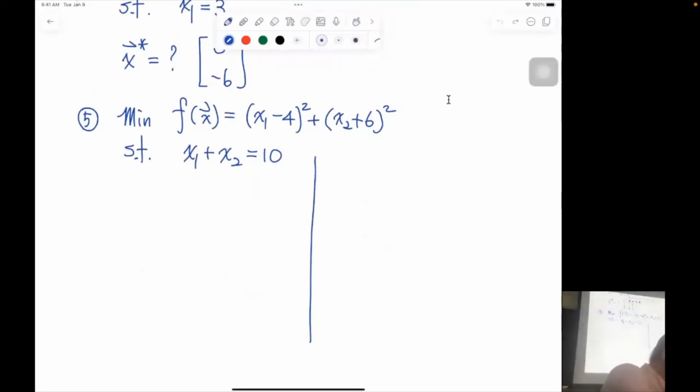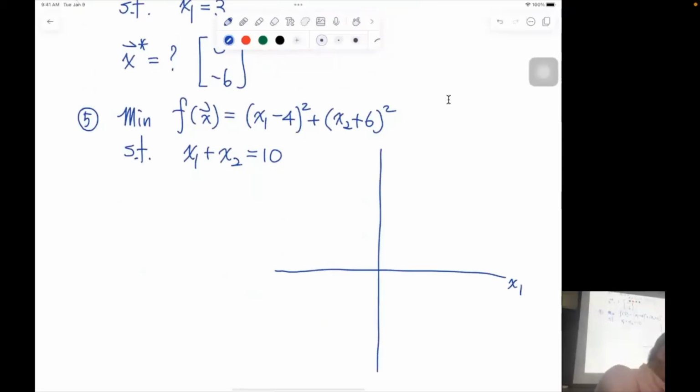Maybe do it like this. This is x1, this is x2. I'm trying to draw the so-called contour of f of x. What is the contour? Something like this.